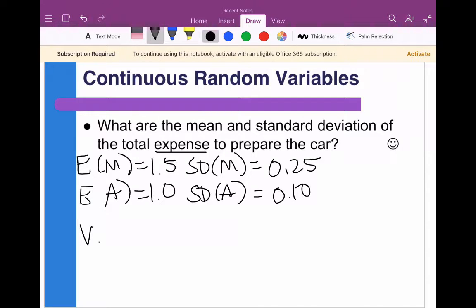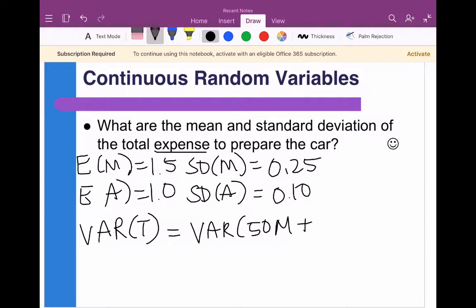In order to calculate the variance of the total cost, this would be the variance of 50 times the mechanical time plus 6 times the appearance time. Since I'm multiplying each variable by a constant, remember when we calculate the variance, we have to multiply by the square of that constant.